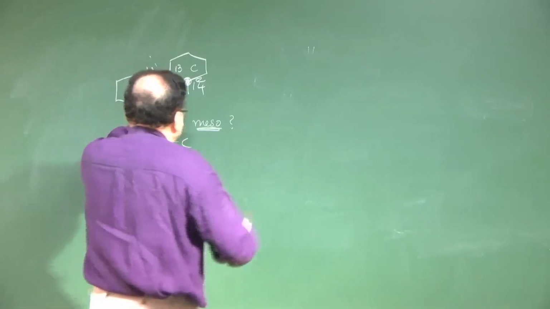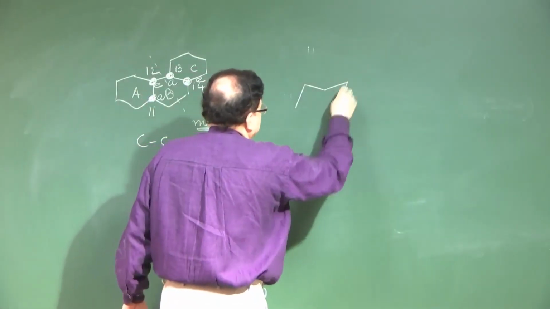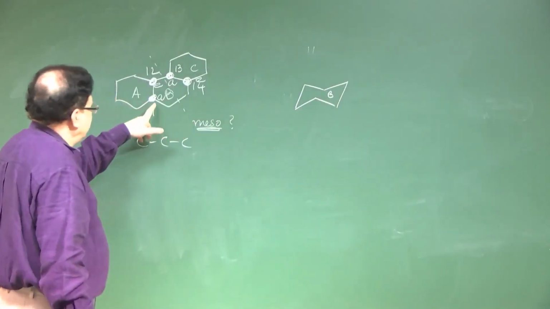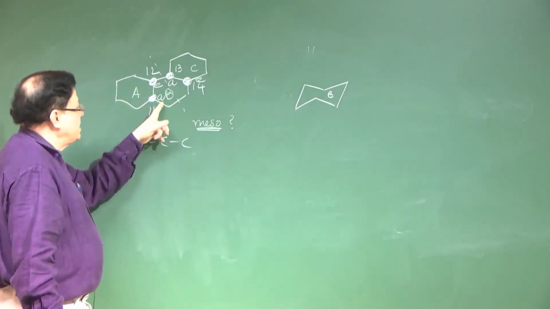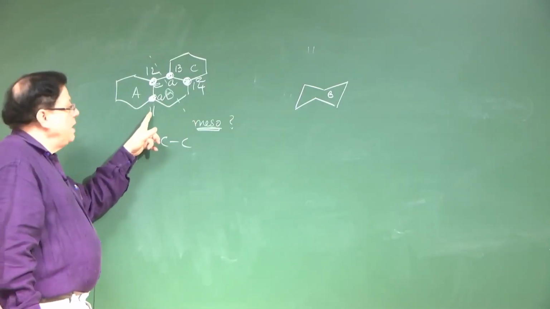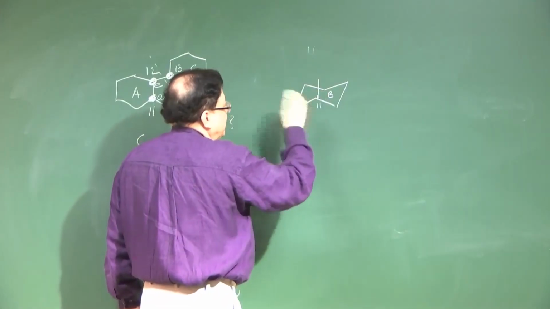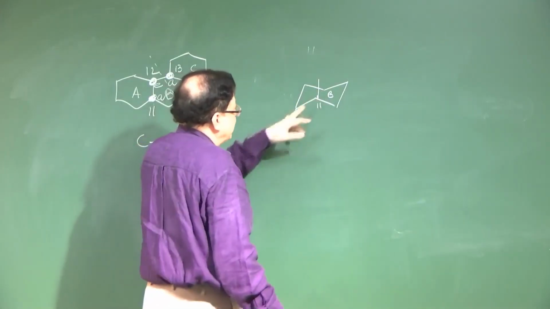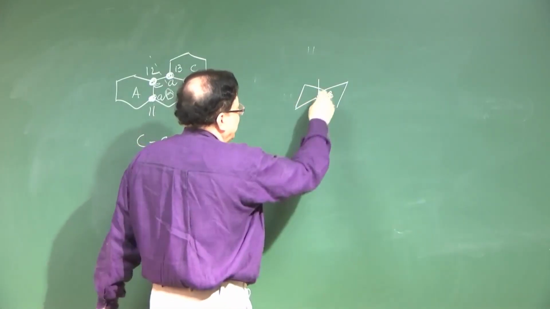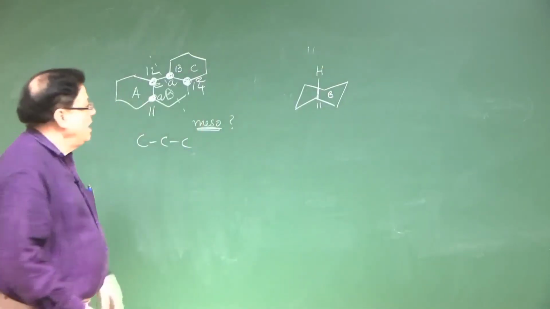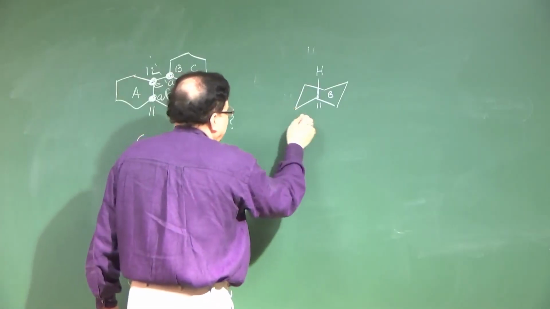Okay. So, let us draw the B ring first. Okay. So, this is your B ring. The C11 we have assigned an axial orientation and is beta. So, better put the 11 carbon, the 11 position at this, assign 11 number to this carbon. Okay. So, the hydrogen becomes beta axial. So, that matches with this, and now you complete the ring.